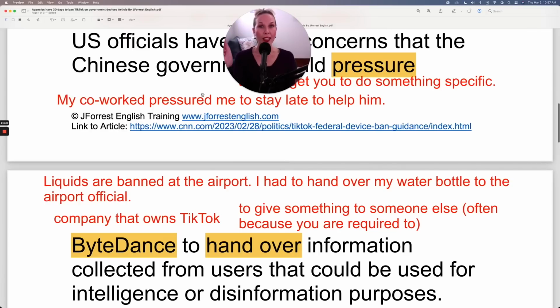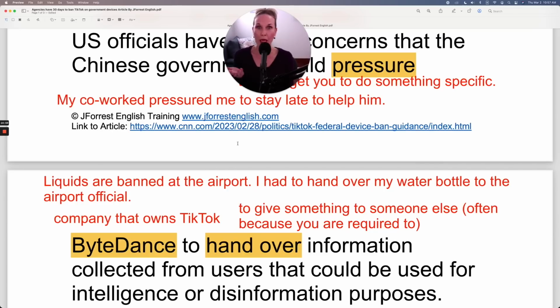So the Chinese government may try to convince ByteDance, try to get them to hand over information. So again, this is saying that ByteDance may not want to give the information to the Chinese government, but they may feel required to. Why?